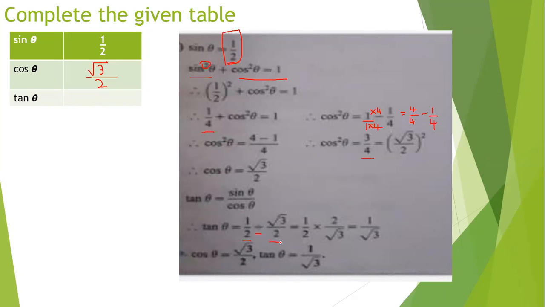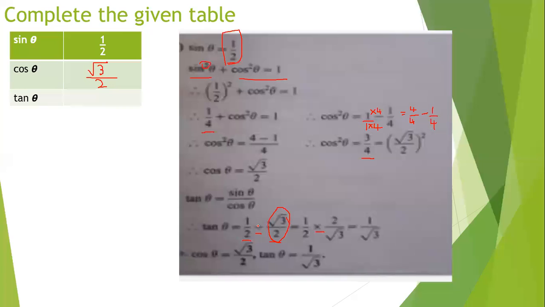Now, the first term 1 upon 2 we will write as it is, and this divide we will convert into multiply. When you convert divide into multiply, you have to write the reciprocal of the second term. Reciprocal means root 3 upon 2 will become 2 upon root 3.